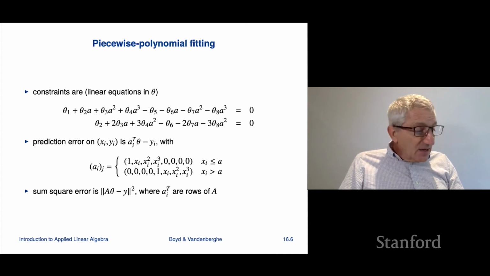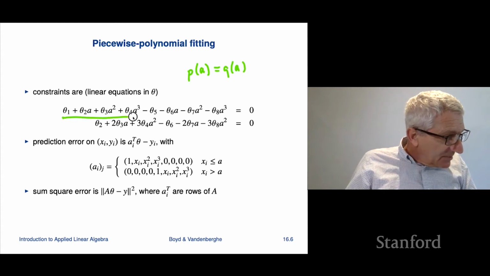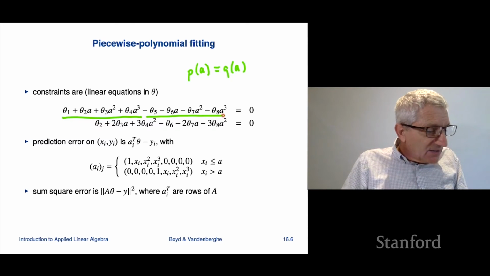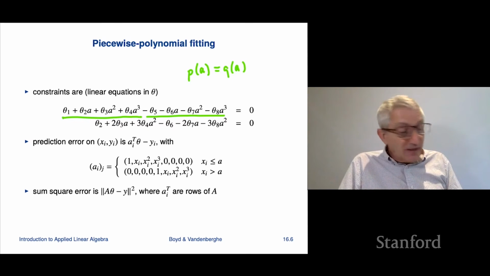Well, the constraints are p of a equals q of a. That's p of a, and this is minus q of a. And it just says they're equal to 0. So p of a minus q of a equals 0.